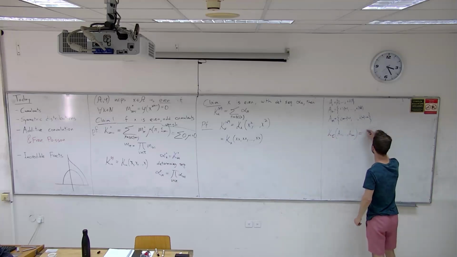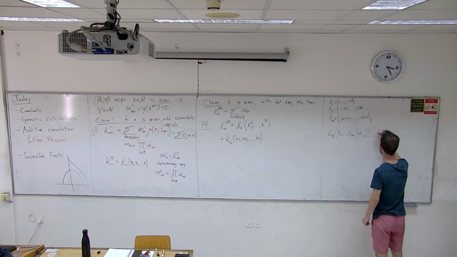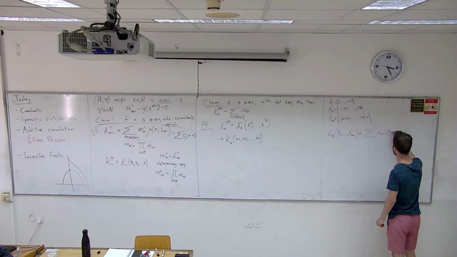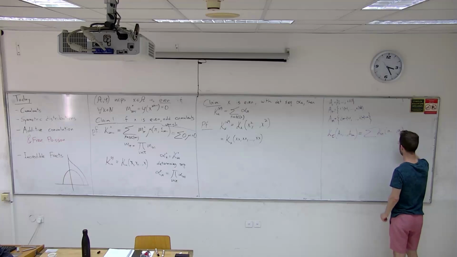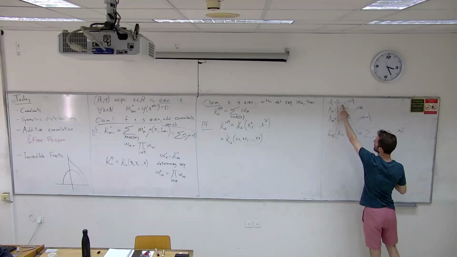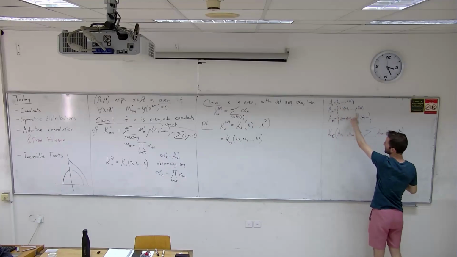And then this equals the sum of the pi cumulants of the original elements A1 up to An, where, okay, I'm sorry, this is not correct as I wrote it.